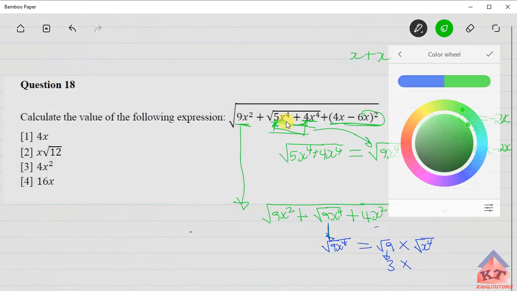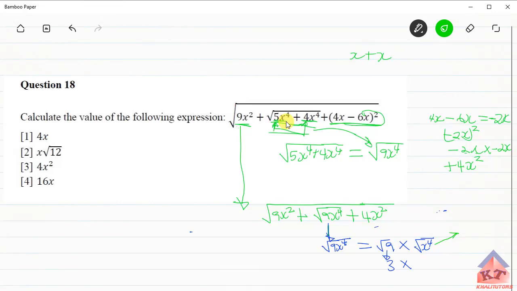If you're not comfortable with the root definition, please look at the previous 2 videos. Since this is a square root, there is a 2 here, so x to the power 4 divided by 2. 4 divided by 2 gives us 2, so that will give us x to the power 2.